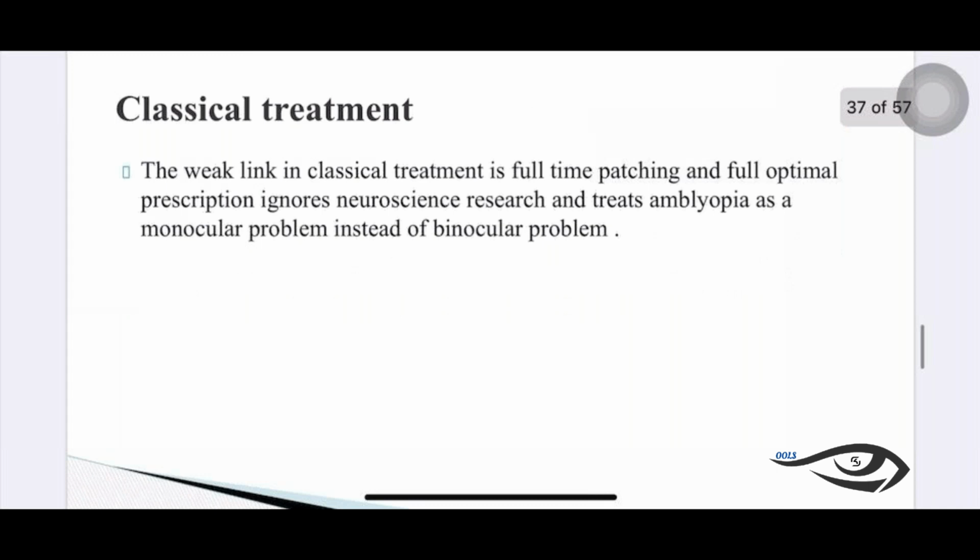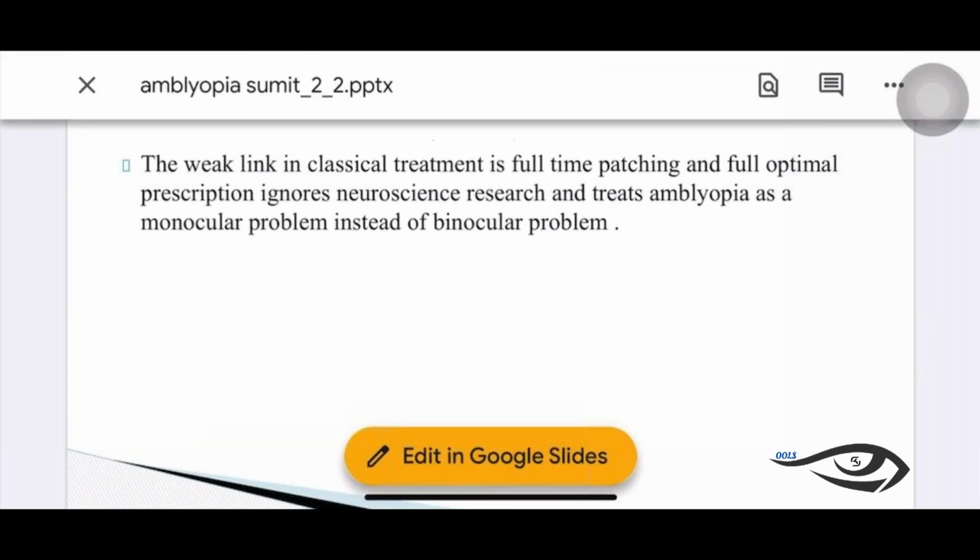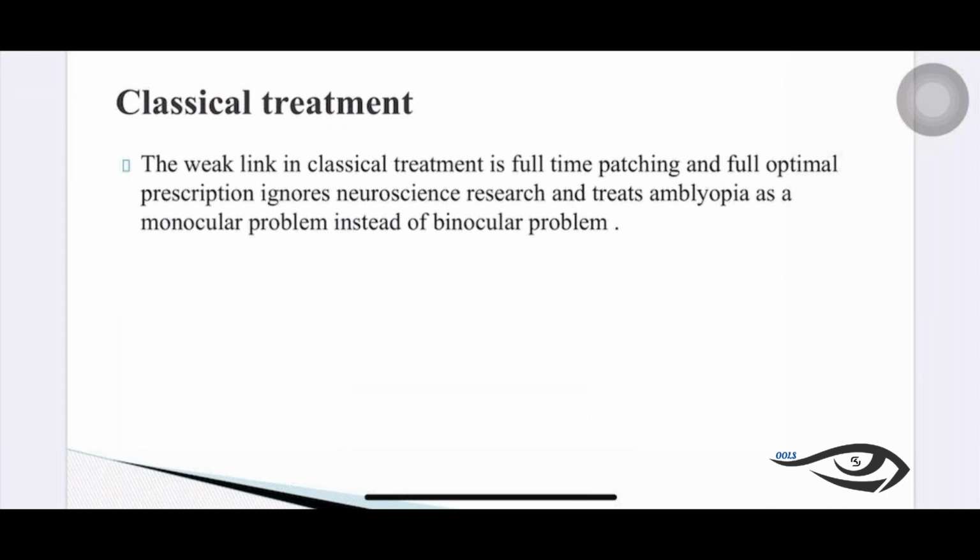If you see the classical treatment, there is a very weak link in it. Full-time patching and full optimal prescription ignore neuroscience research and treat amblyopia as a monocular problem instead of a binocular problem. If we are focusing on patching, that means we are not thinking about neuroplasticity or neuroscience. Why is there a poor link between both?